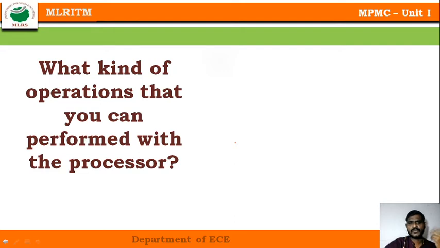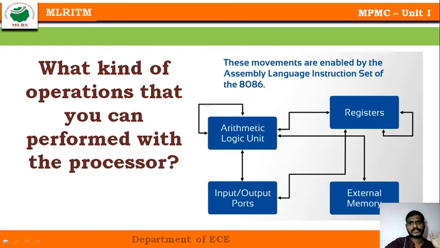We need to know, when designing an instruction, how the data can be operated, from where to where I want to transmit the data, and the possible ways the processor can transfer the data. If you see this particular figure, I can transmit the data within the ALU, between temporary registers within the ALU.